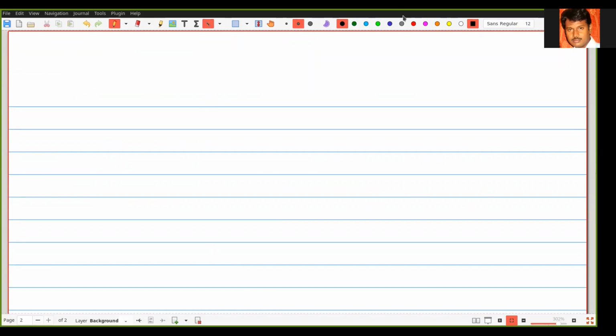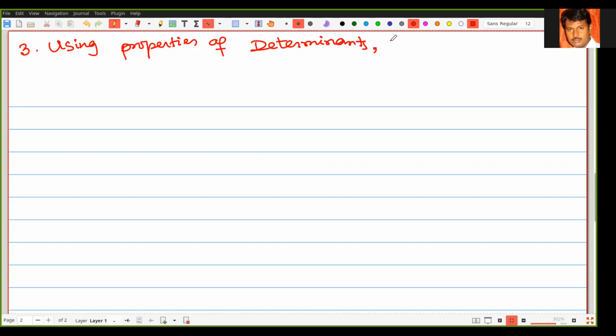The next problem is given: using properties of determinants, transform the determinant.